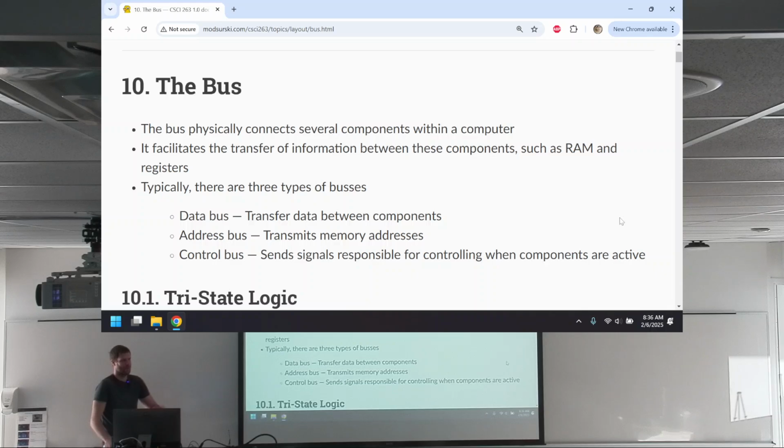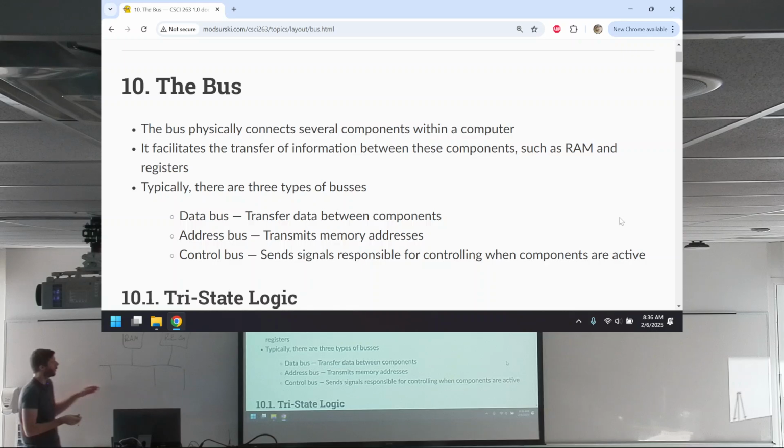Imagine we've got this giant signal line like this, and you're going to have all these different components coming off of this signal line. These components need to maybe receive data or output data, like RAM. And we might have a register, which we will see an example of in a moment.